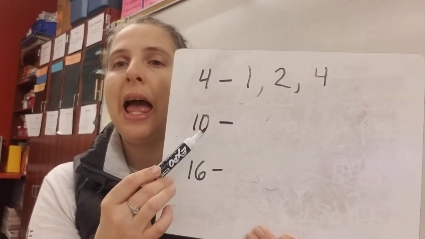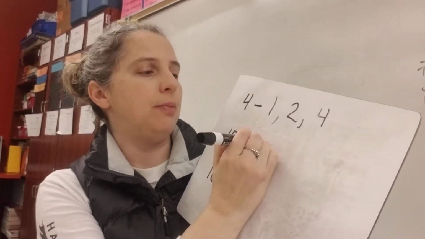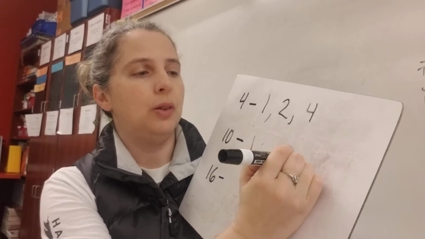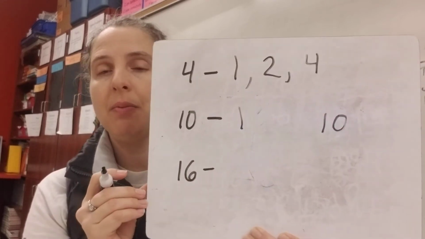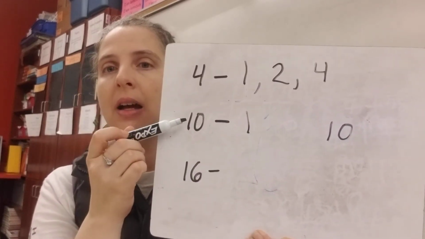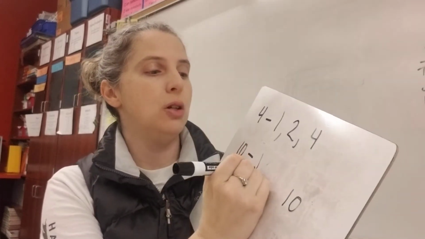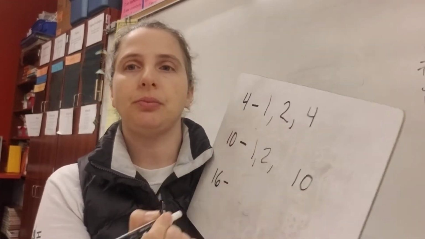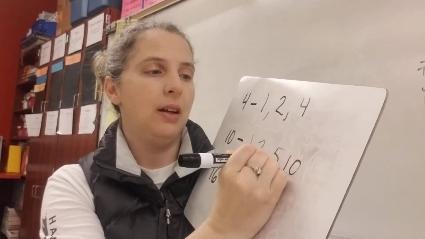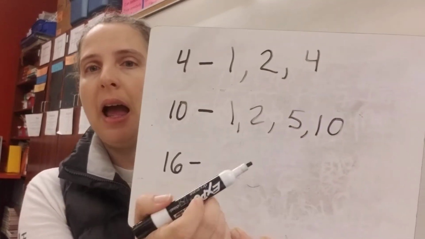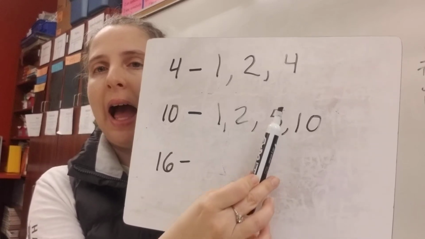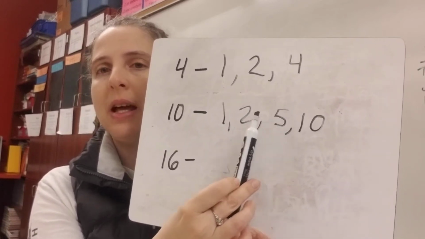Okay, try it with 10. What are the factors of 10? You should have said 1 and 10, and then start at, is this odd or even? It's even, so I know 2. 2 times what? 5. Okay. Now, because I have half of it, I only have to go up to that number.